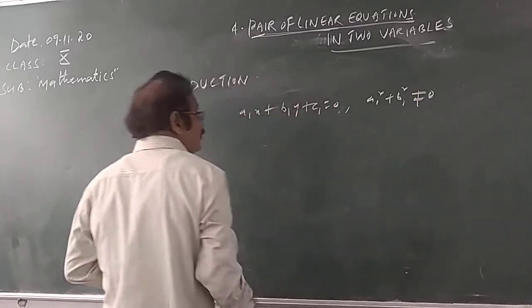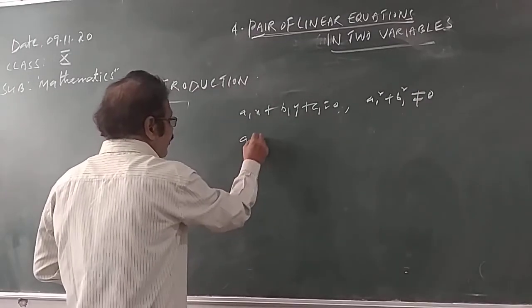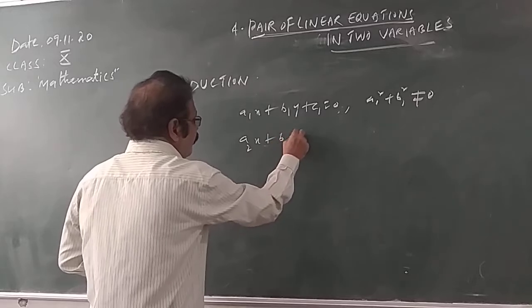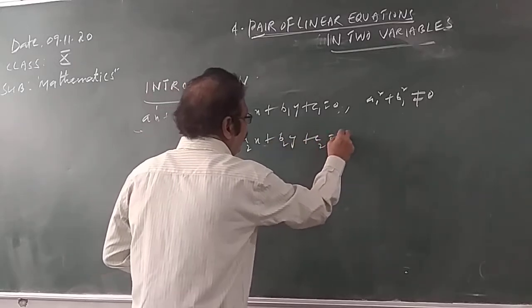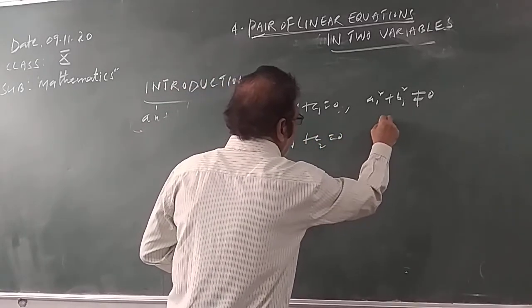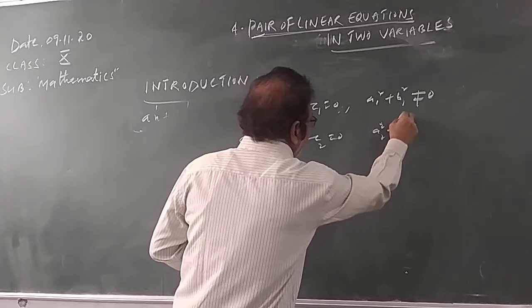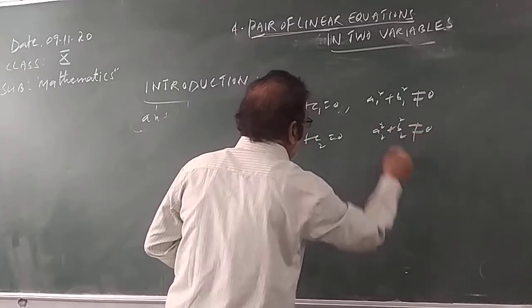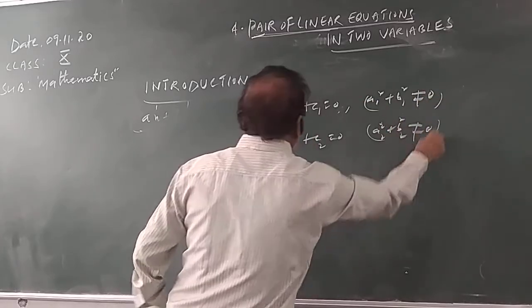Second, a2x plus b2y plus c2 equal to 0, with the condition a2 square plus b2 square is not equal to 0. This condition applies.